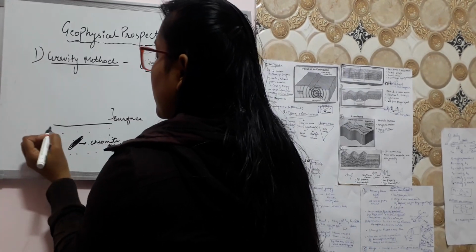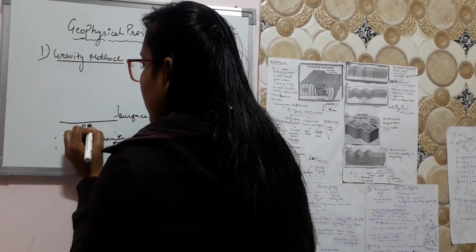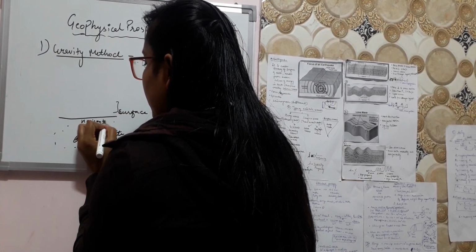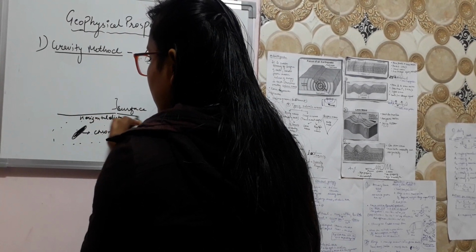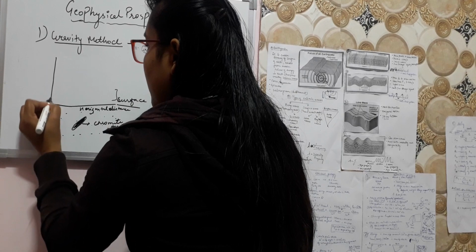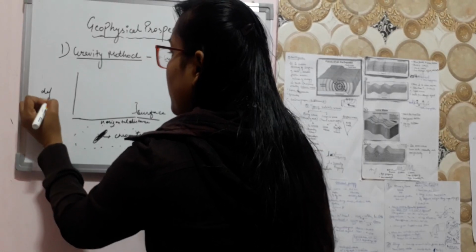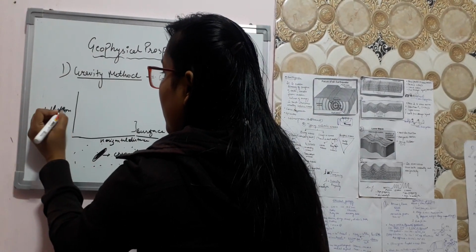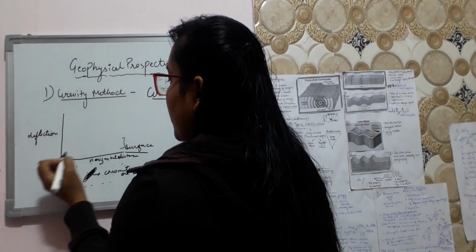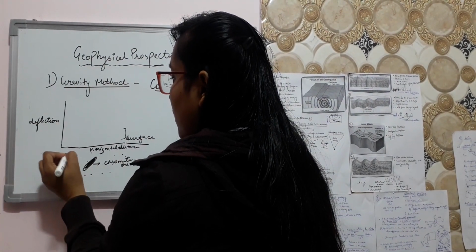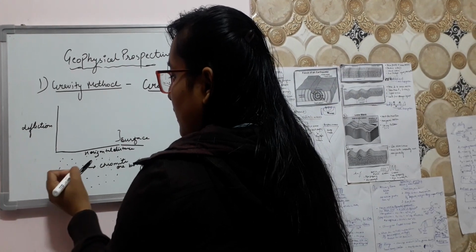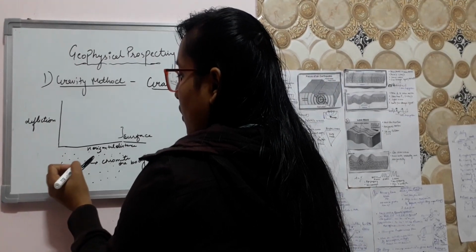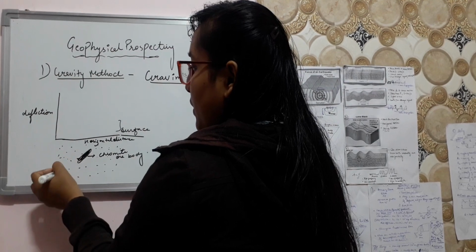So this will be the horizontal distance. This will be the part of deflection. So your curve will vary like this. These rocks are of the same density and this will be of different density as compared to this one.